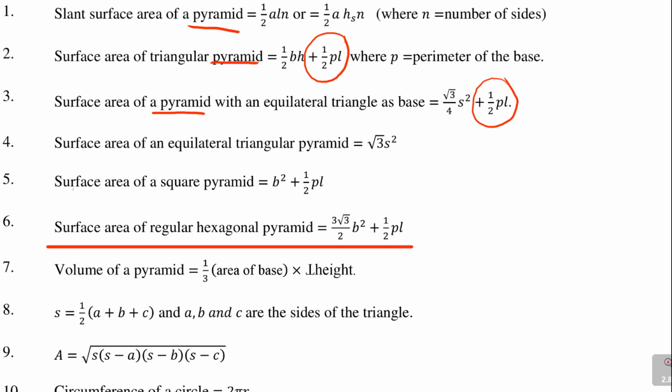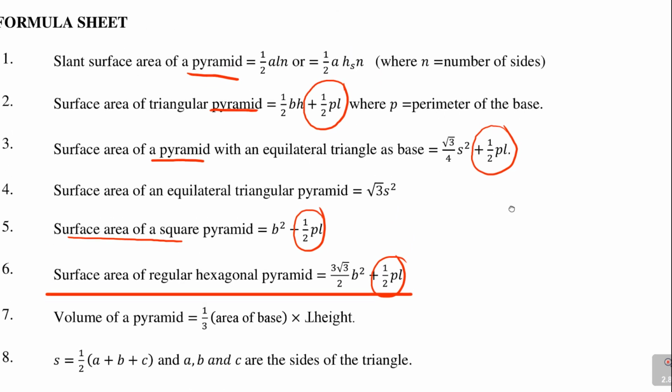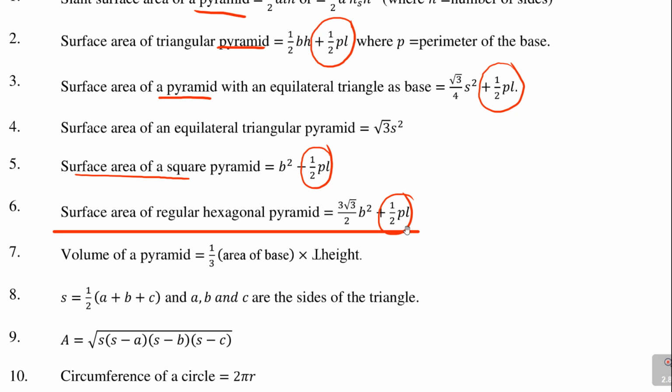There is another one, surface area, again 1 over 2 PL. Even this one, 1 over 2 PL. They are telling you here that P stands for perimeter. So it's perimeter times L, which is the slant height. We can ignore that part on the formulas and focus on these numbers here.